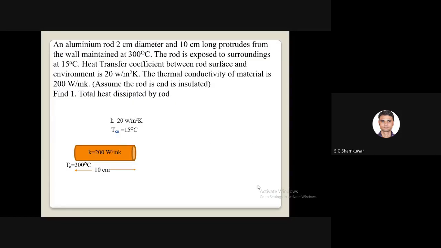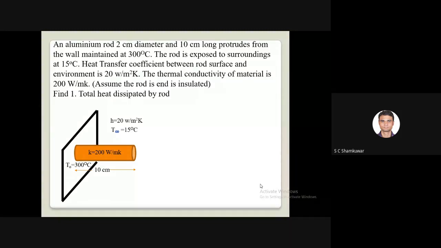So now we will take one problem and then we will stop. An aluminum rod of 2 centimeter diameter and 10 centimeter length protrudes, meaning extends outward, from a wall maintained at 300 degrees Celsius.